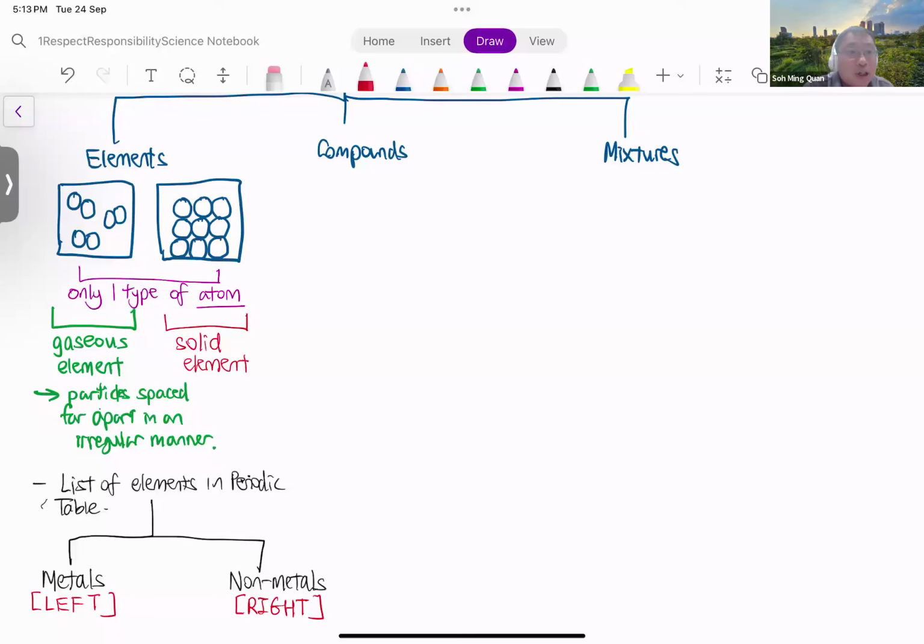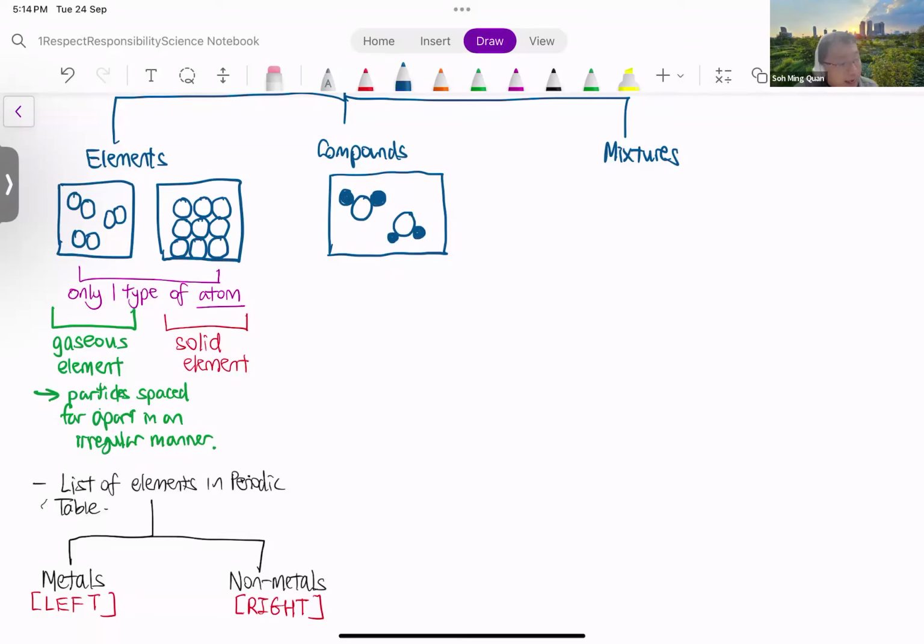Okay, so now I shall move on to compounds. What are compounds? I think it's better understood again when we draw the particles. Okay, so this is a compound. How do I know that this is a compound?